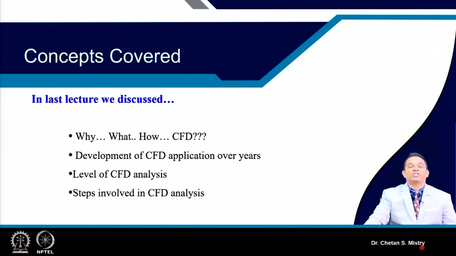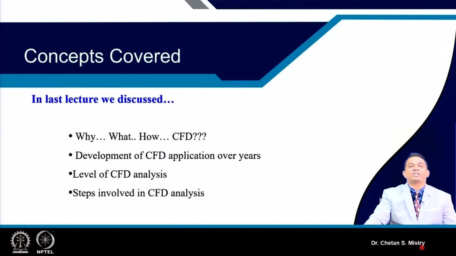It initially started with potential flow theory, then 2D axisymmetric analysis, then quasi 3D simulation, then fully 3D, where we realized the Navier-Stokes equations are to be solved. It is RANS, URANS, maybe LES or DNS. All those things we discussed in our last lecture.